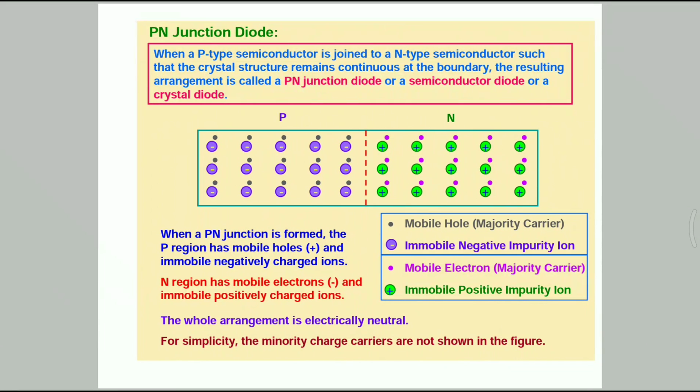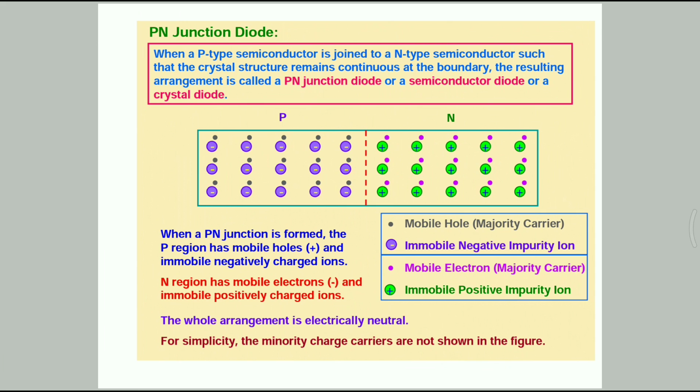Coming to yesterday's continuation: when a p-type semiconductor is joined to an n-type semiconductor such that the crystal structure remains continuous at the boundary, the resulting arrangement is called a PN junction diode, or a semiconductor diode, or a crystal diode. It is an arrangement made by close contact of n-type and p-type semiconductor.